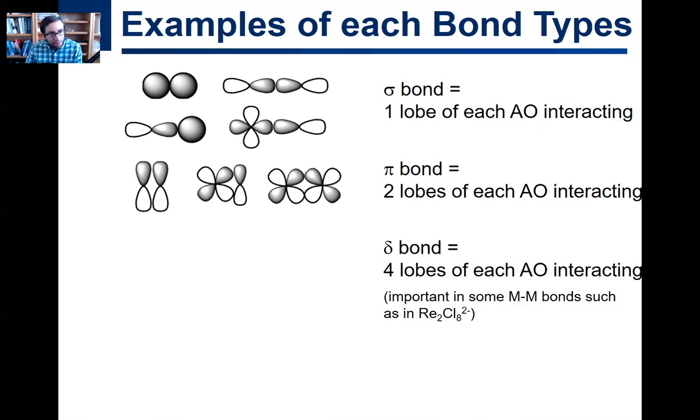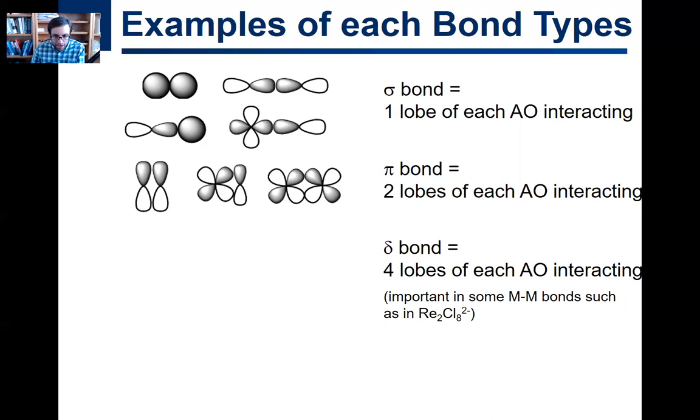Delta bond, you may or may not have heard of this. This is a weaker bond, but it's been experimentally confirmed in a wide range of inorganic complexes, transition metal complexes. So you can make, for example, metal-metal bonds that have these delta bonds, and we'll talk all about this in a bit.